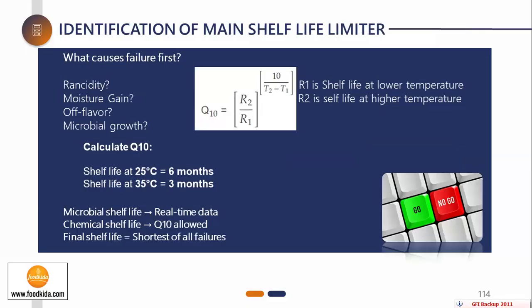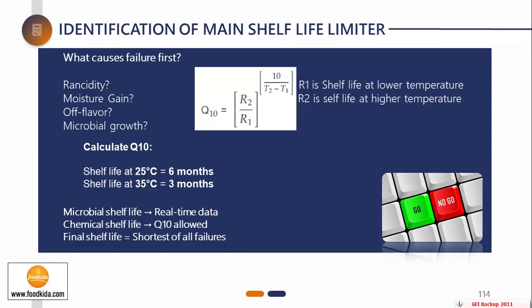How to identify it? What is the parameter we should check first while conducting a shelf life stability study, or a stability study for 3 months? First we have to identify what causes the failure. Is it rancidity? Or if I'm using a more hygroscopic material, maybe maida, is it moisture gain?